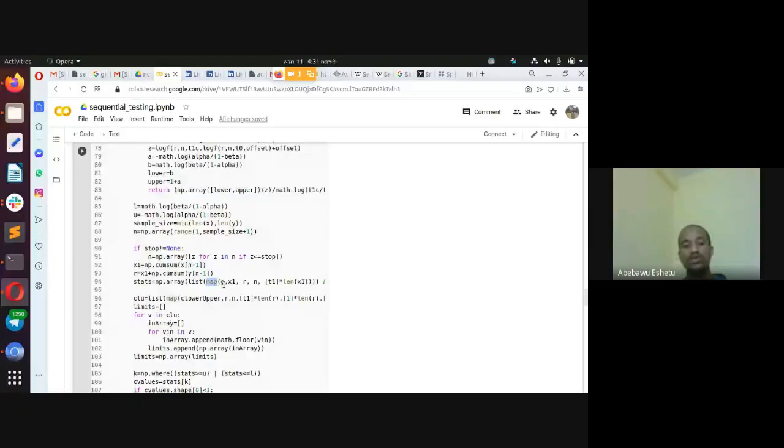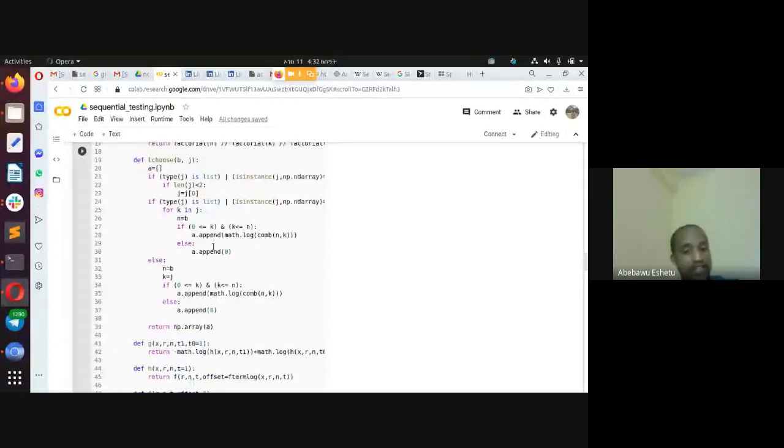Consider that we have 1,000 observations. We are going to call this function 1,000 times. In Python, a very costly computation is iteratively calling a function. So considering these, just understand how the functions are included here.